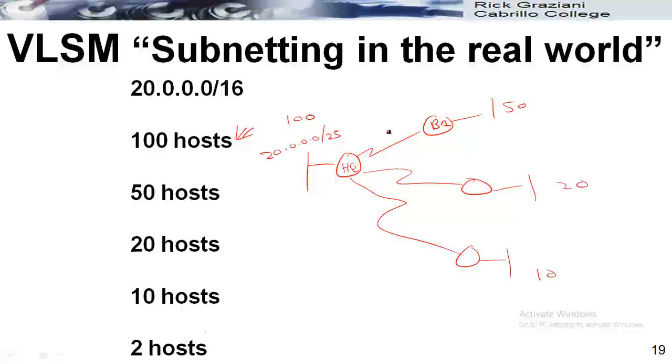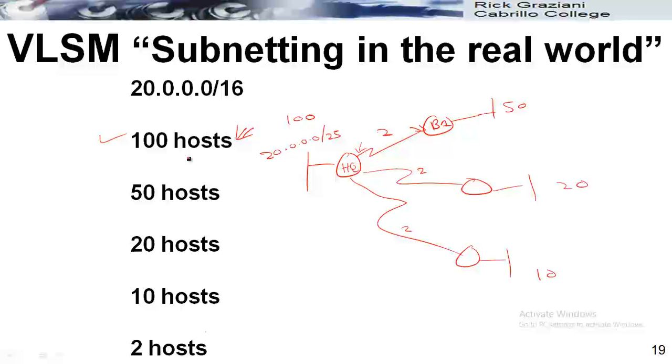For the 2 hosts, it could be 2 here, 2 here, 2 here, because as in 2 IP addresses, you assign 1 here and assign 1 here, because for the branch and the HQ to communicate, these 2 routers must first communicate with each other, so they'll need to have IP addresses. So we have catered for that.